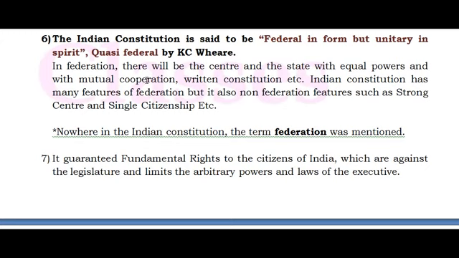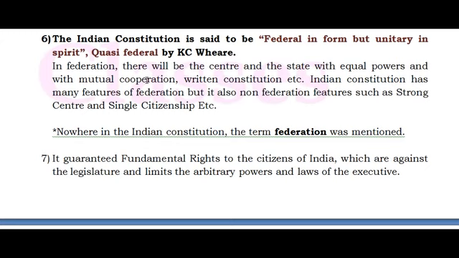Yes, we have a center and states, but in a federation they have equal powers. There will be a written constitution, and yes, we have one. There will be mutual cooperation between the center and the state for governance, and we have the same. But there will be dual citizenship, whereas we have only single citizenship.